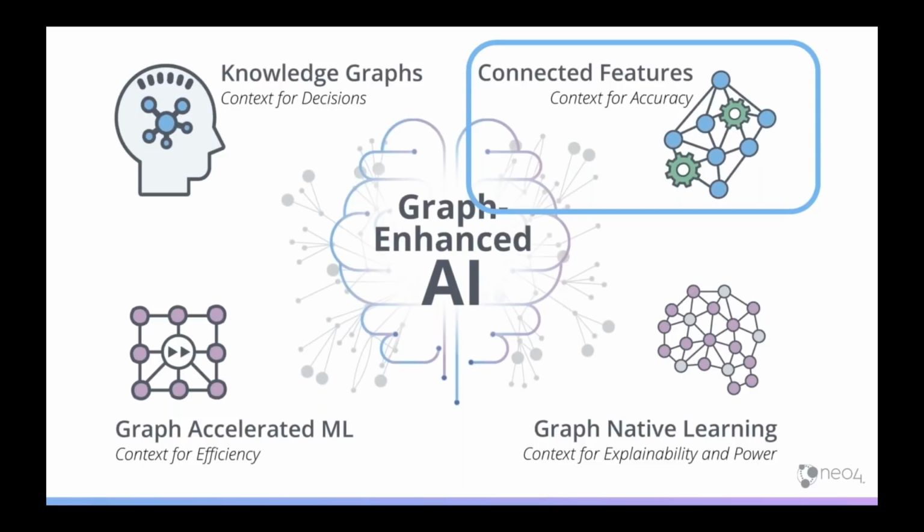Today, we're going to focus on connected features, so we can give more context to the features we have in machine learning and increase our accuracy or our precision and our recall as well. Very much in the future, we're also looking at graph native learning and using graph neural networks. That's an interesting research area that we think the market will push towards in the future. So an area we're looking at.